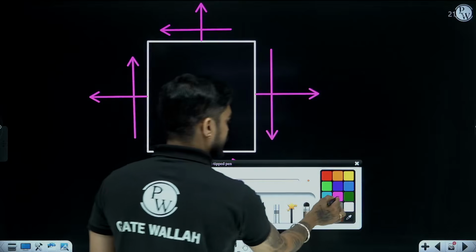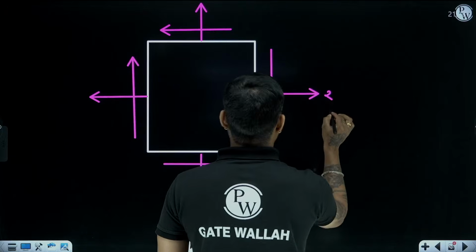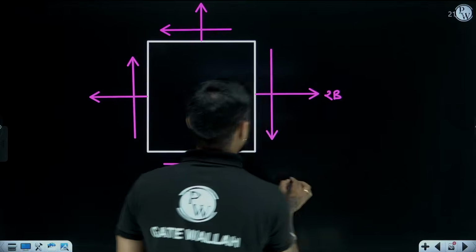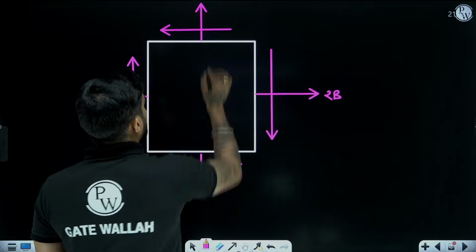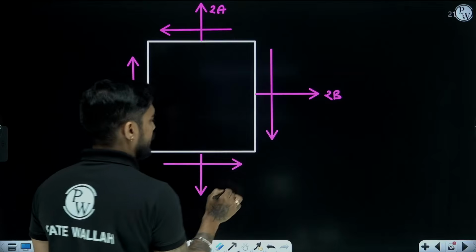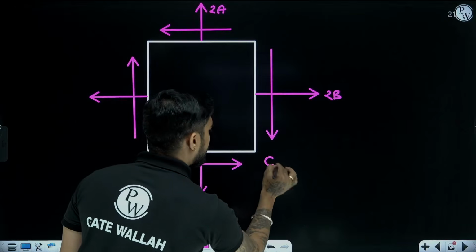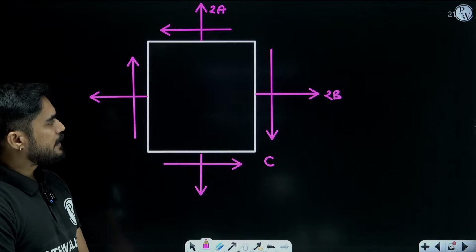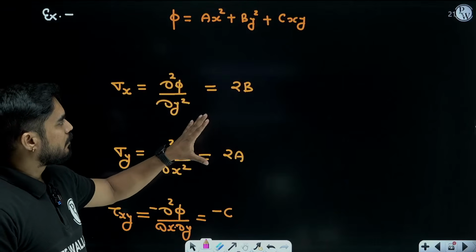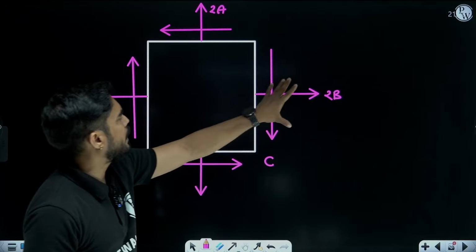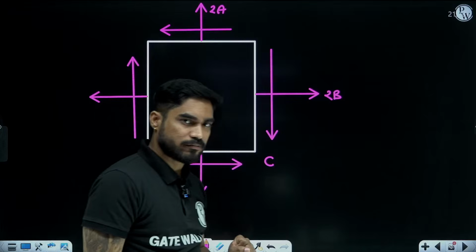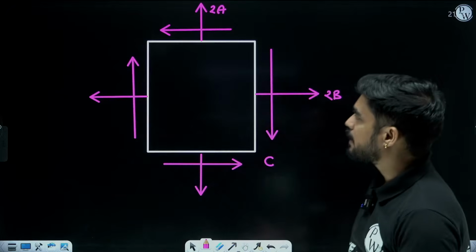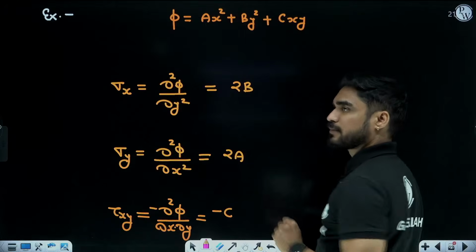So sigma x is 2b, sigma y is 2a, and tau xy is minus c. You can see that we are getting constant values for sigma x, sigma y, and tau xy, because we have chosen the function in such a way.